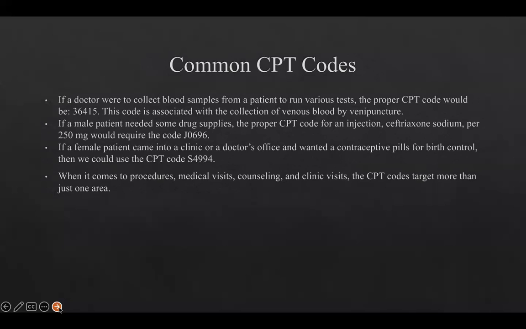If a male needed some drug supplied, the proper CPT code for a ceftriaxone sodium injection per 250 milligrams would be J0696. If a female patient came into the clinic or a doctor's office and wanted a contraceptive pill for birth control, then we would use the CPT code S4993.